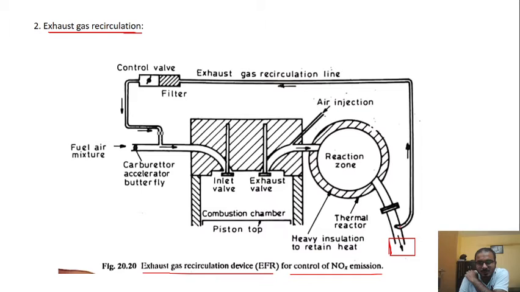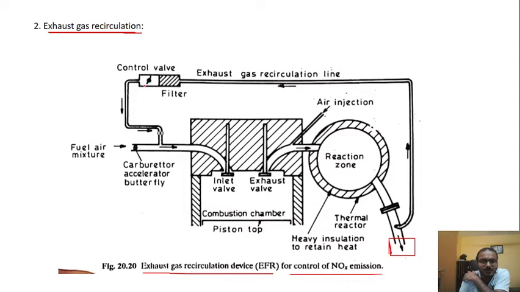The exhaust gas is taken from here, through this exhaust gas recirculation line, and passes through this butterfly control valve and enters the main pipeline. If you see carefully, this pipeline is connected with the fuel-air mixture, which enters through the carburetor accelerator butterfly.